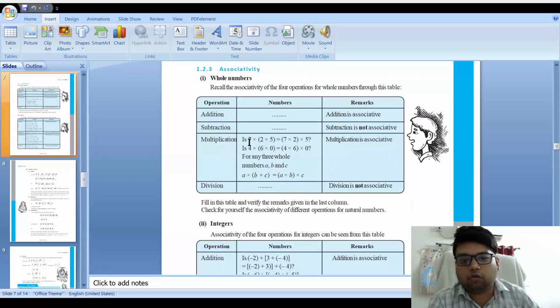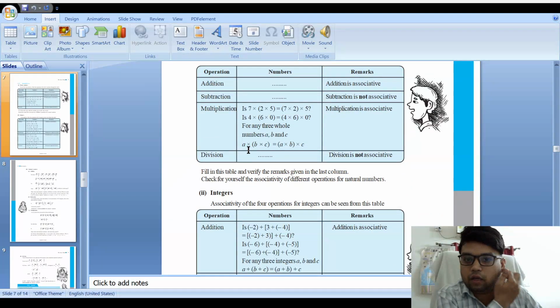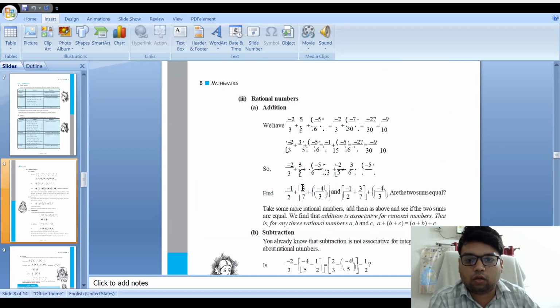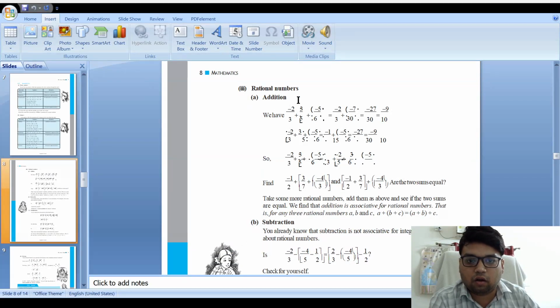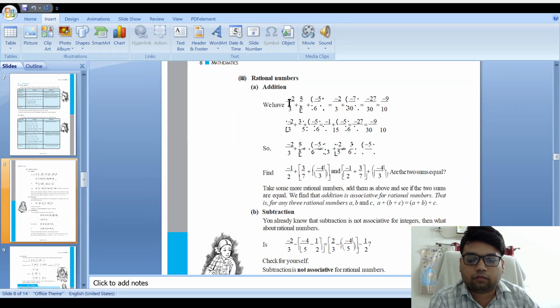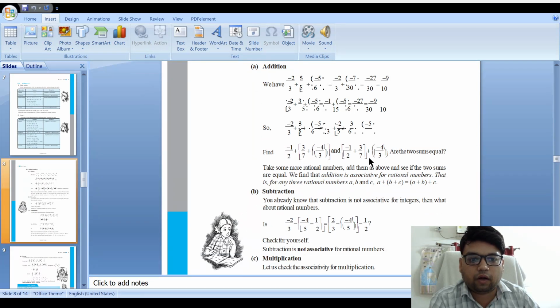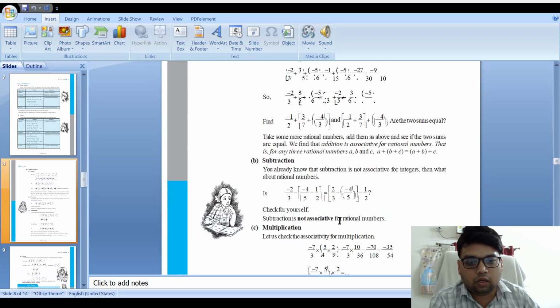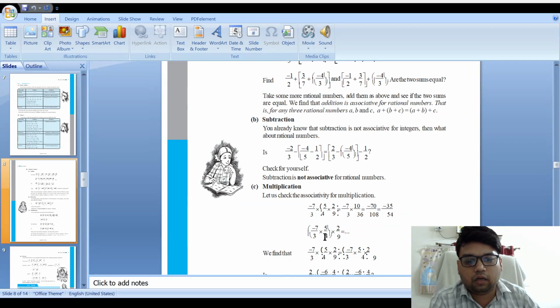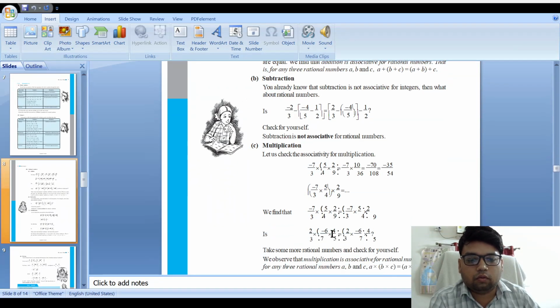For the associative property, a group of numbers is involved. Here also addition and multiplication are compatible with this property, but not subtraction and division. Examples are also given for rational numbers. They add these three rational numbers, and the places of the rational numbers are interchanged, and they try to prove it. So yes, the result will ultimately be the same.